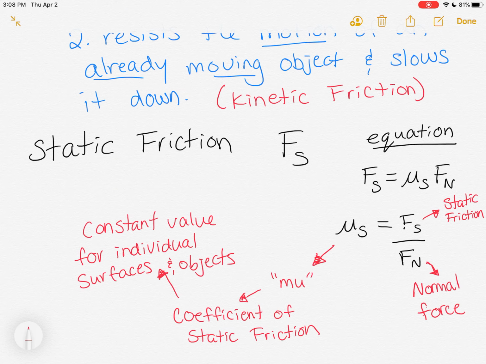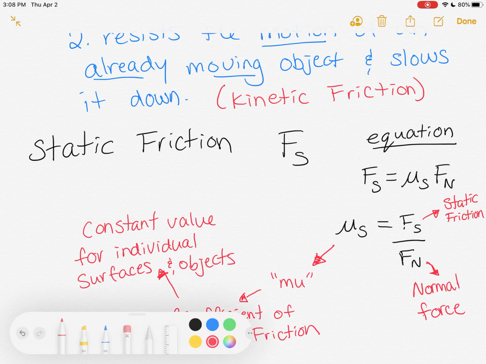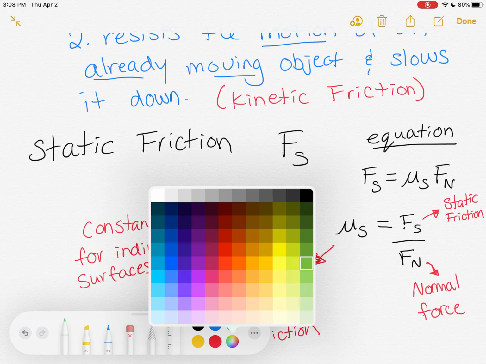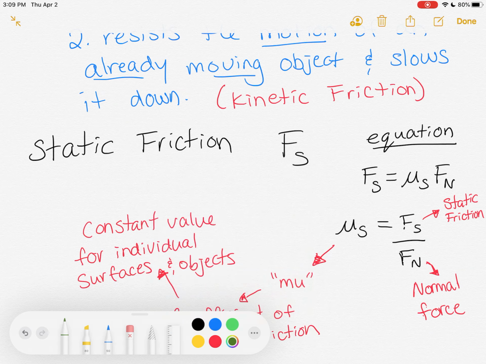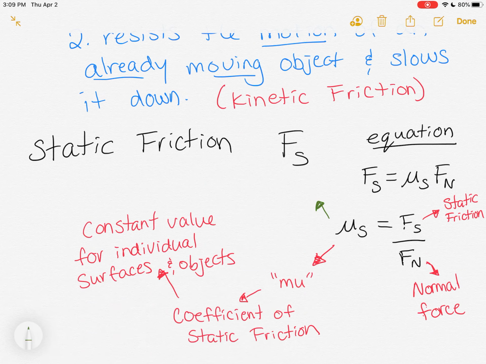What that means is that we can look up values for coefficients, or we could use our static friction and our normal force to calculate the coefficient. Some important things about this coefficient are that it has no units, it is always positive, and it is always less than 1.